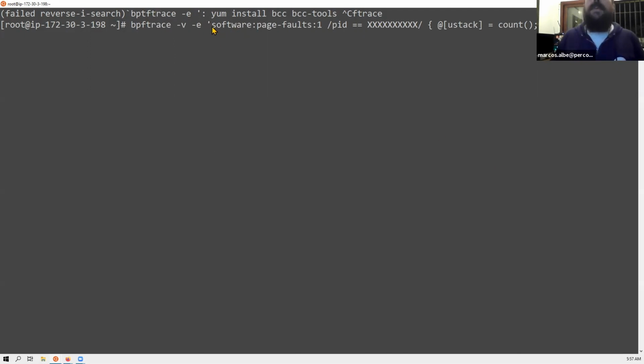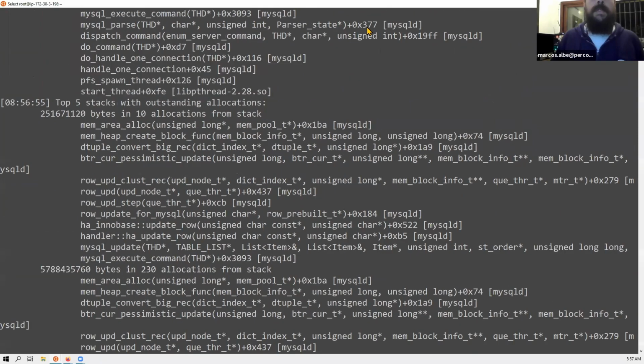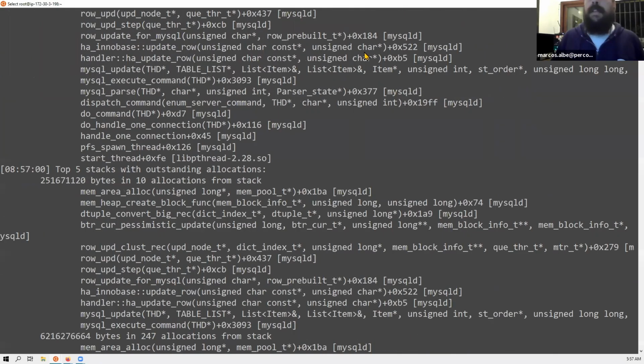So you do the BPF trace -e, and then the event you want, or the probe, rather, this is called the probe. Then on which filter you want. I should get the PID for the process we want. I'll get it in a second.